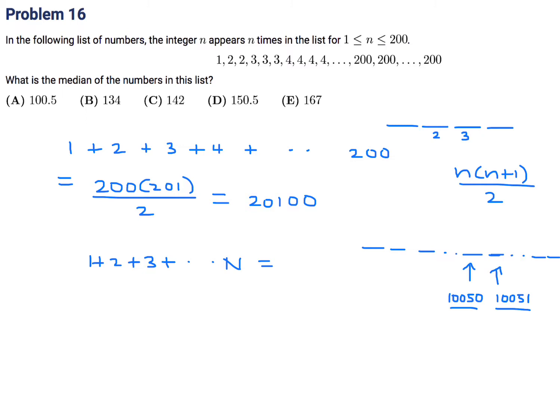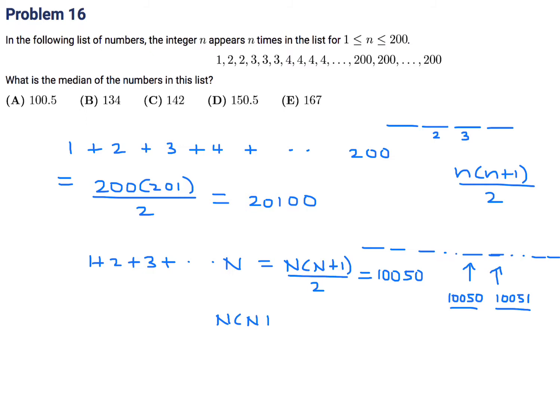I mean, I don't know if it'll be exact, but it'll be close. So let's see. The sum of this, of course, is n times n plus 1 over 2. And I want that to be sufficiently close to 10050. It'll give me some sort of an idea of what the number will be.